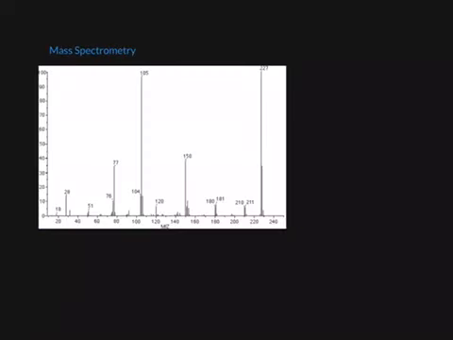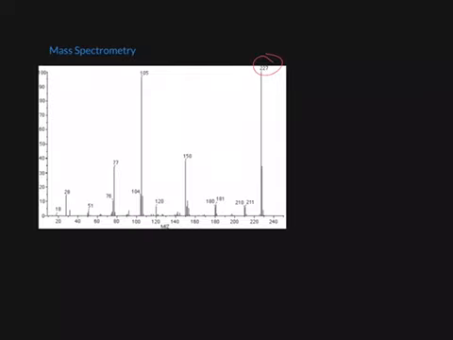To begin the spectral analysis, we will start with mass spectrometry. We will look for the M+ peak, which usually is the farthest right peak that we see. It also is the sum of all the molar masses of the atoms that we are studying in the molecule, which here is 227.